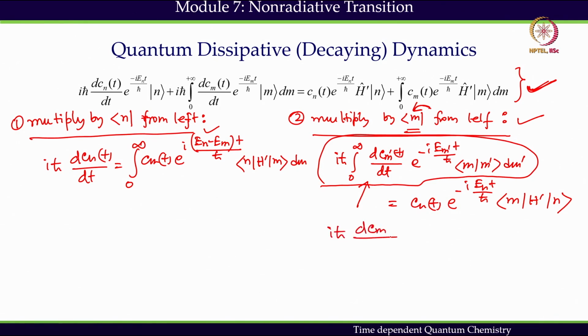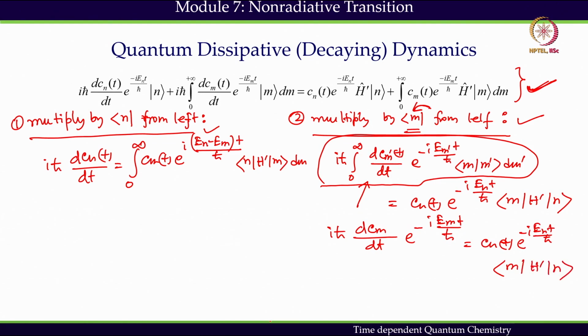I h cut dCm now, this is going to be m dash equals m now, dt e to the power minus i Em now, because m equals m dash equals m now, divided by h cut equals now Cn(t) e to the power minus i En by h cut Hmn.